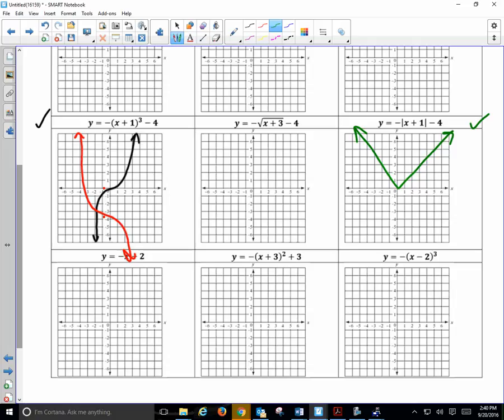Horizontal is going to be to the which direction? To the left, 1 unit, down 4, and the negative is going to make it flip upside down. So instead of starting up and finishing up, you'll start down and finish down. And if you can make that type of transformation to each function, you should be good to go.